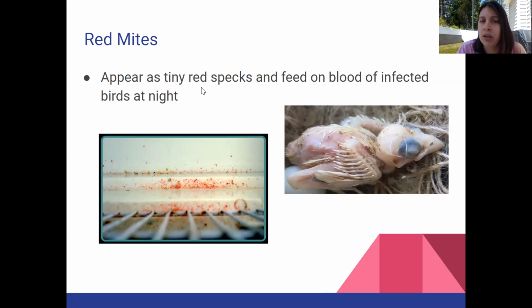Red mites are going to look like tiny red specks, and they're going to bite the bird and feed off the blood. The bird, just like any other animal that might have mites, is going to scratch themselves. With birds, they're probably trying to pull out their feathers, so that you end up seeing something like this if it isn't treated.